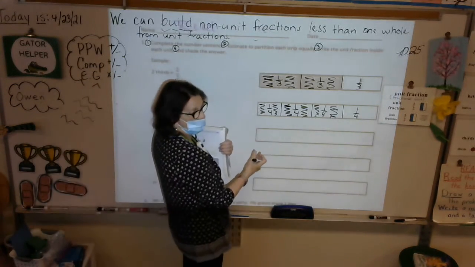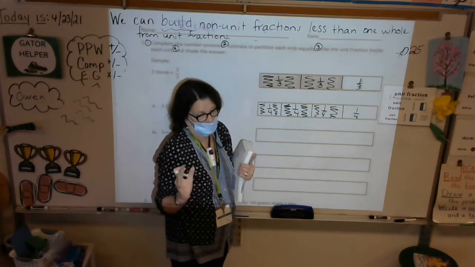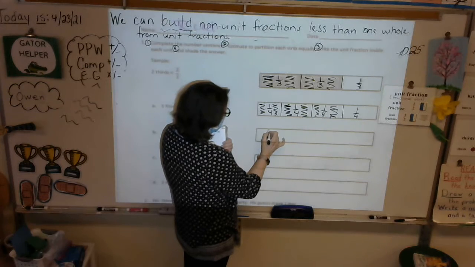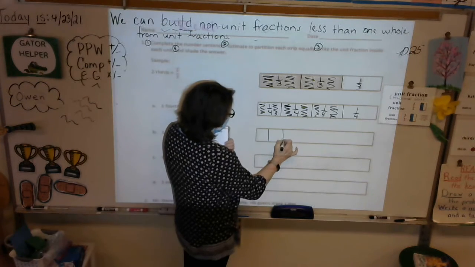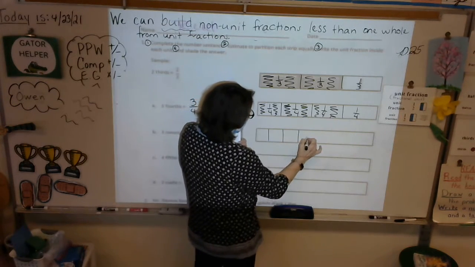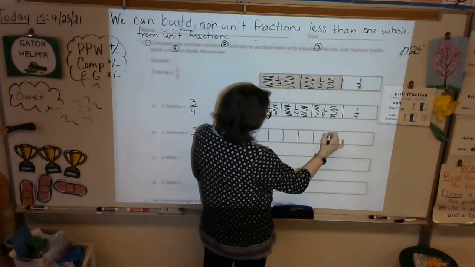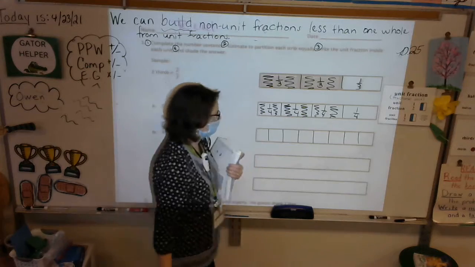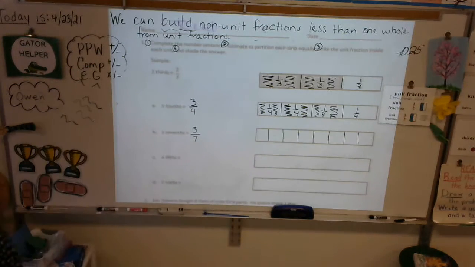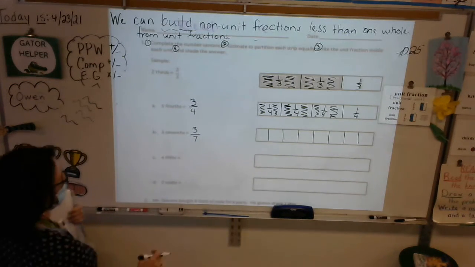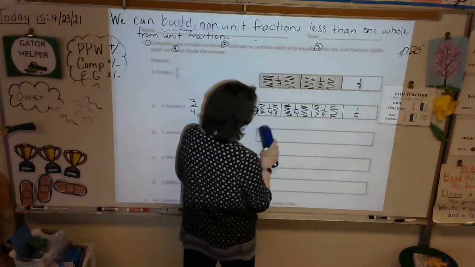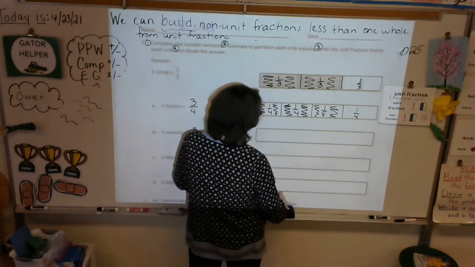Now, let's go ahead and do it. If they don't look equal, I want you to erase and move it over. So you might want to draw your lines lightly. Okay, so I'm going to do 1, 2, 3, 4, 5, 6, 7. So I did my best. They might not be perfect. Oh, I drew 7 lines, so I got too many. I need 6 lines.